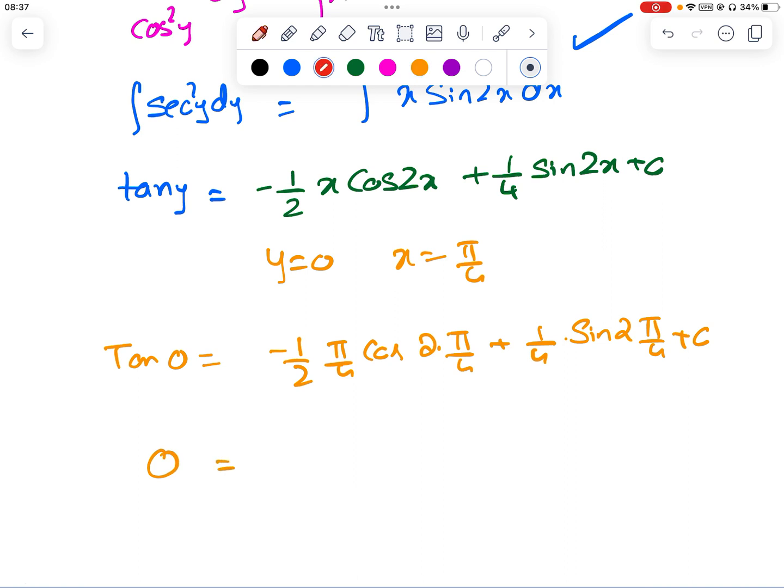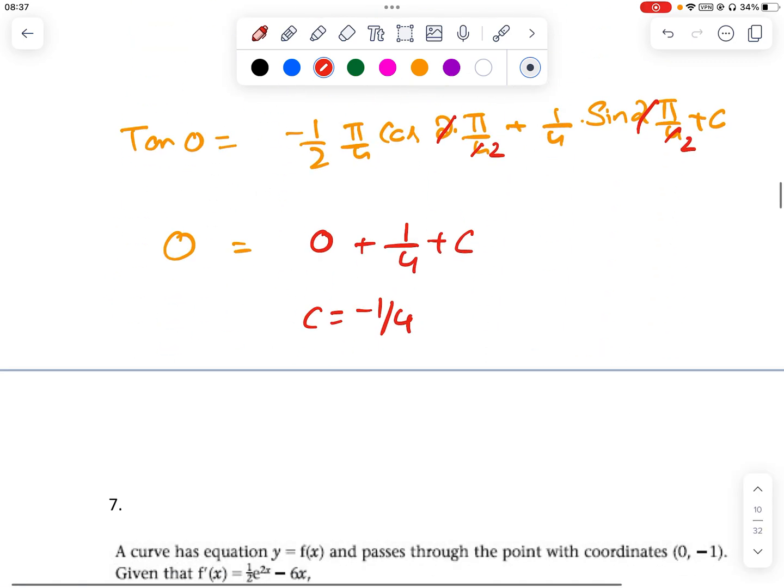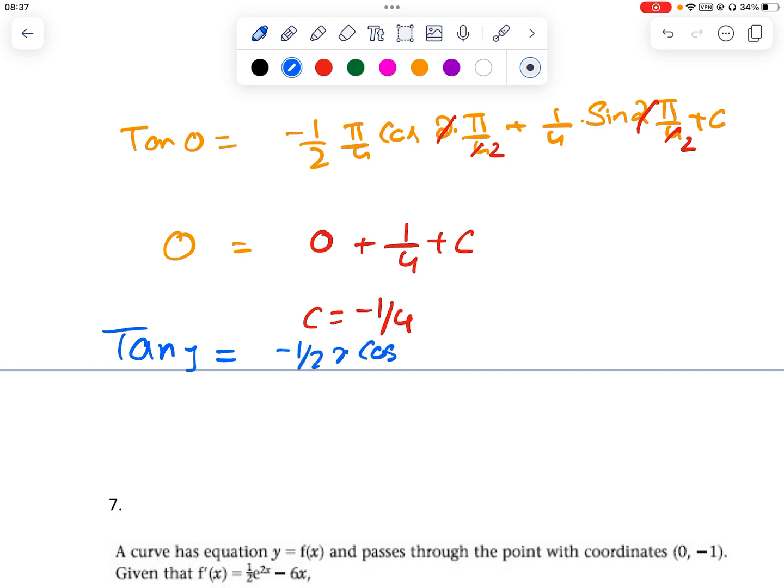Cos pi by 2 is 0, sine pi by 2 is 1, and c. So this gives me c value as negative 1 upon 4. So what will be the equation now? Tan y equals negative 1 upon 2 x cos 2x plus 1 upon 4 sine 2x minus 1 upon 4.